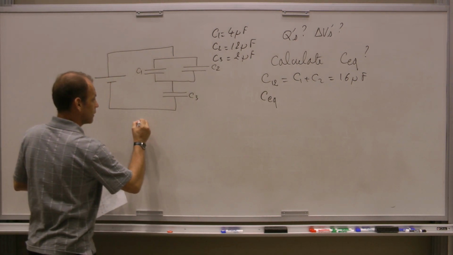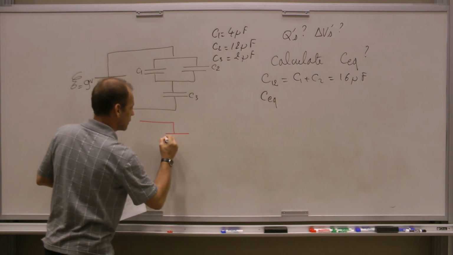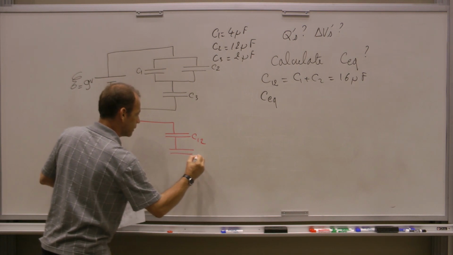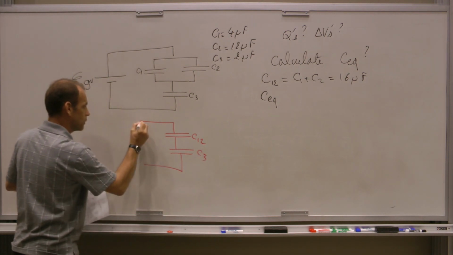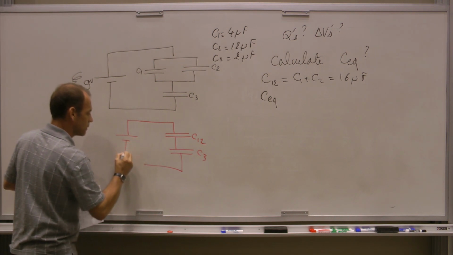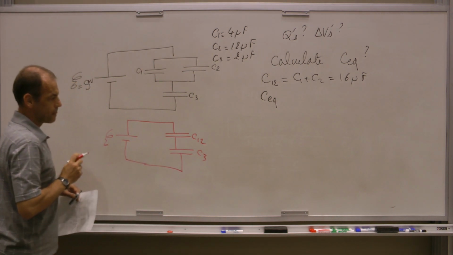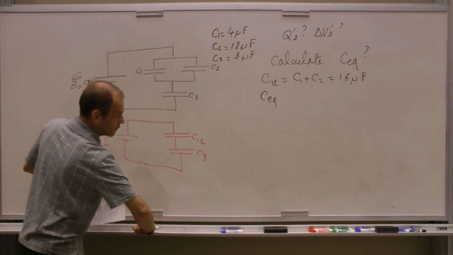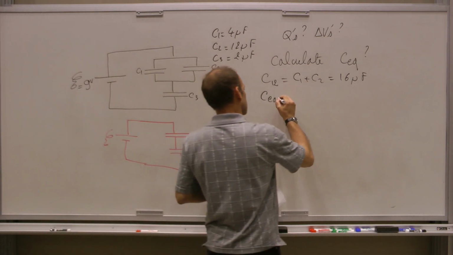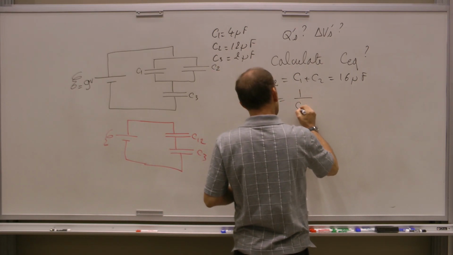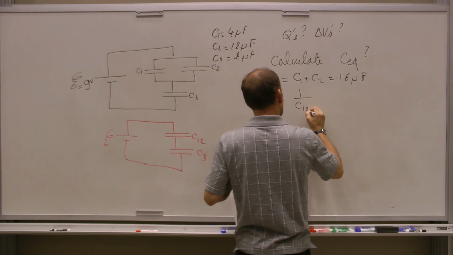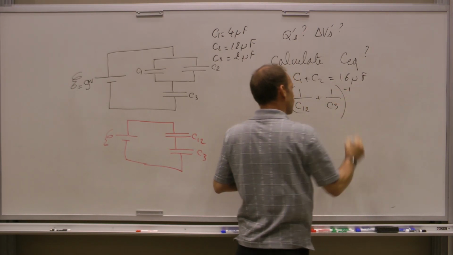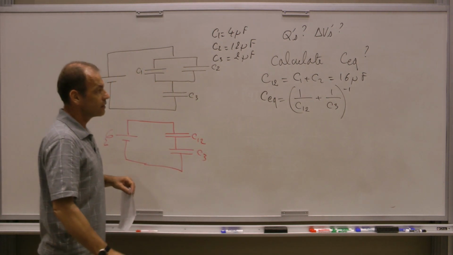For now, I have transformed my circuit into C12 followed by C3, and this is still connected to the battery. So now I have two capacitors in series. The equivalent capacitance is 1 over the sum of the inverses, and I never forget to take the inverse of that.